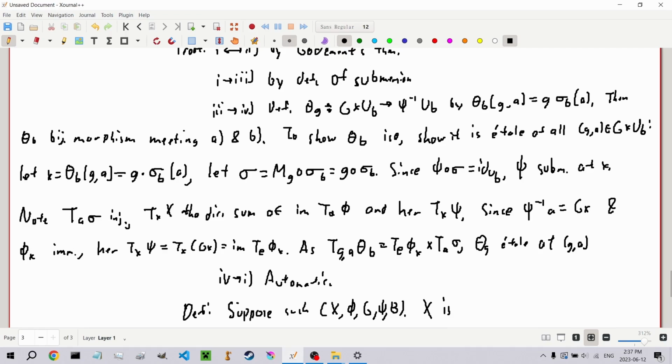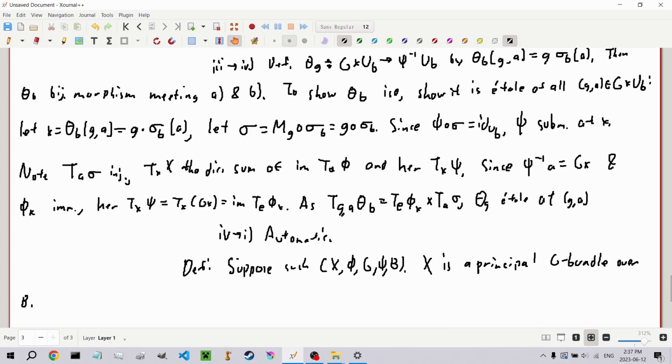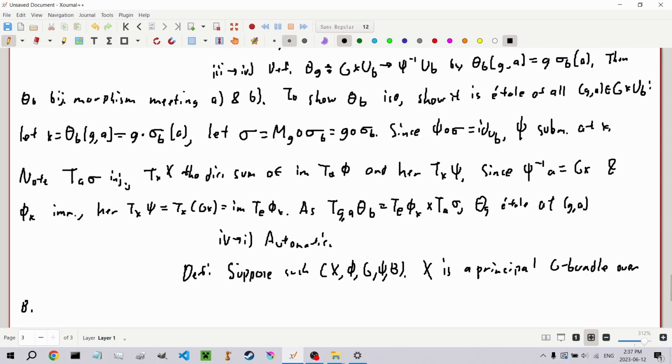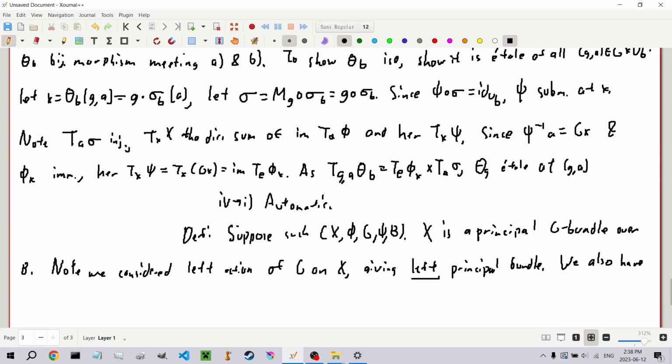X is then said to be a principal G bundle over our base B. Note that we consider the left action of G on X, giving a left principal bundle. We also have a right principal bundle.